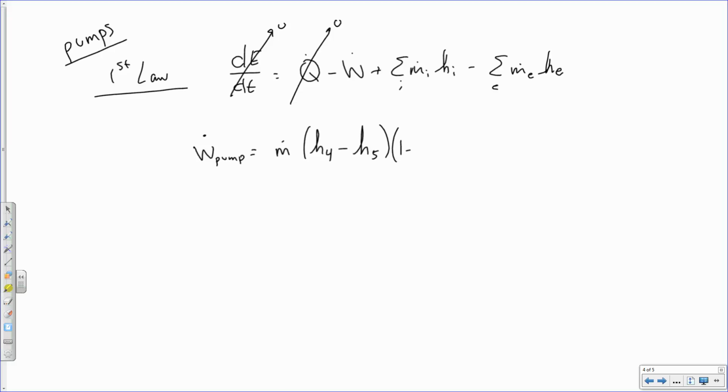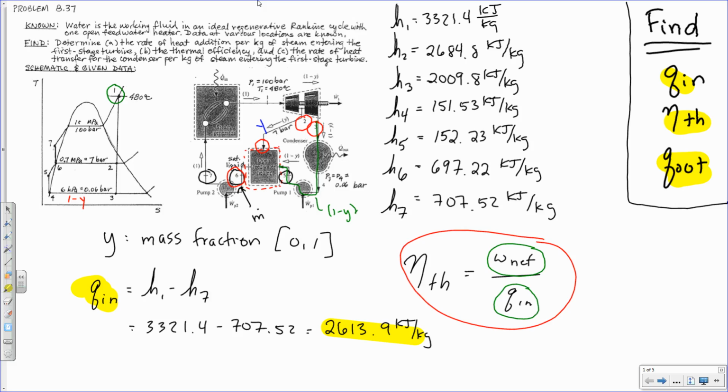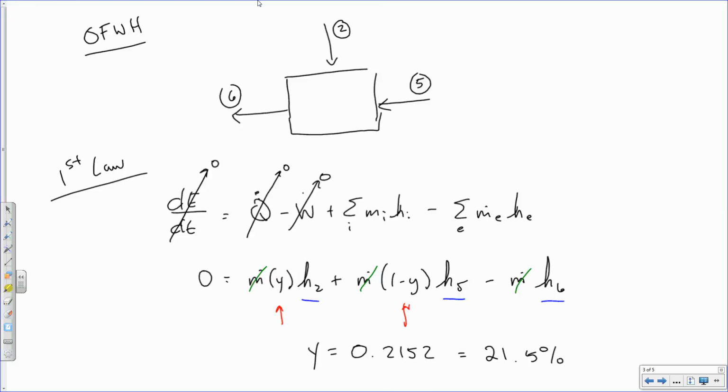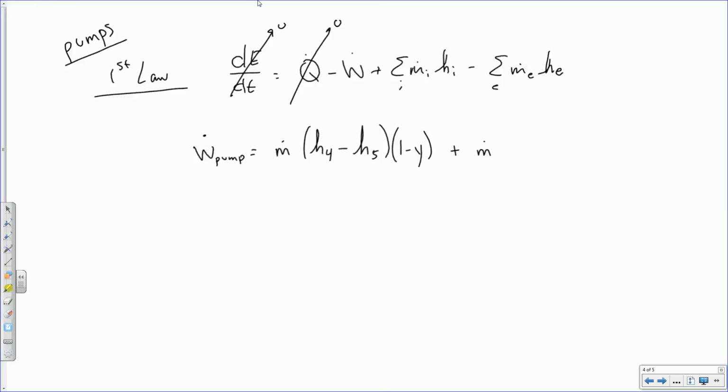But we only have a small fraction of the total mass that passes through there. So we need to include that 1 minus y term in there as well. Plus the total mass flow rate that passes from state 6 to state 7. h6 is the inlet minus h7.